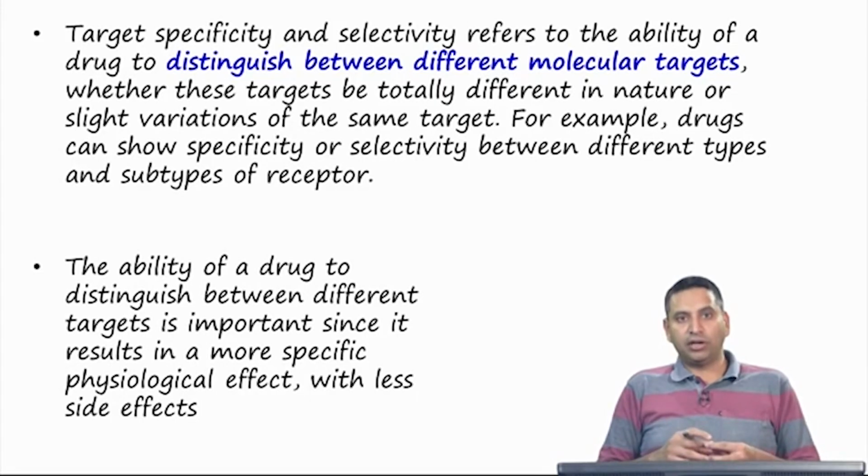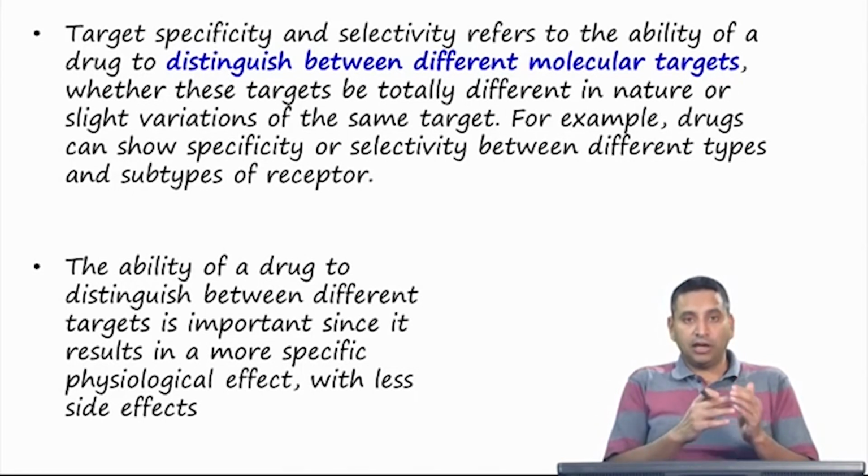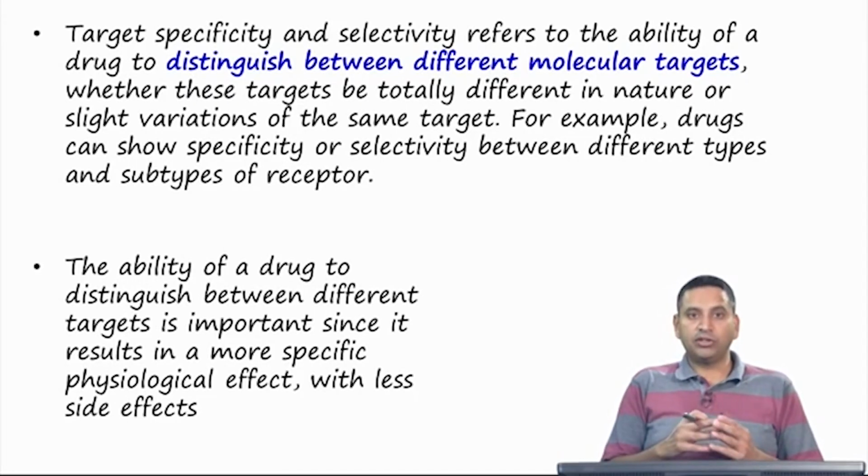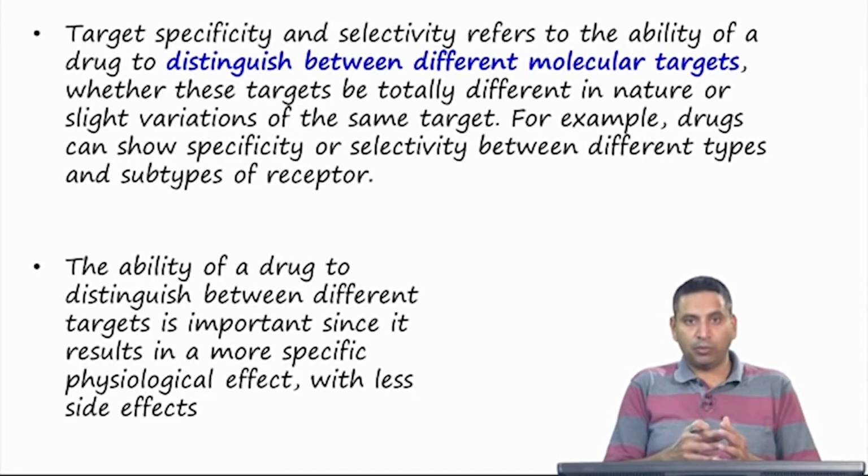For example, drugs can show specificity or selectivity between different types and subtypes of a receptor. The ability of a drug to distinguish between different targets is very important because it results in a more specific physiological effect with less side effects.